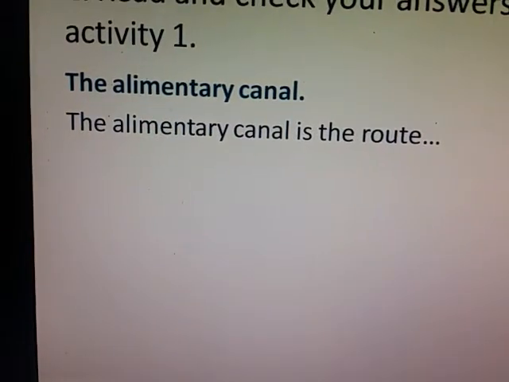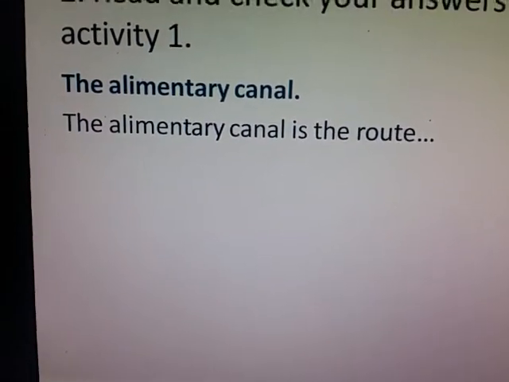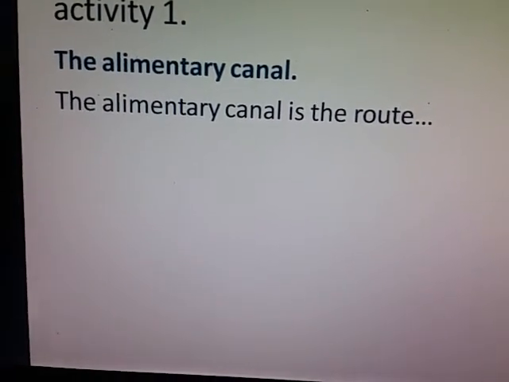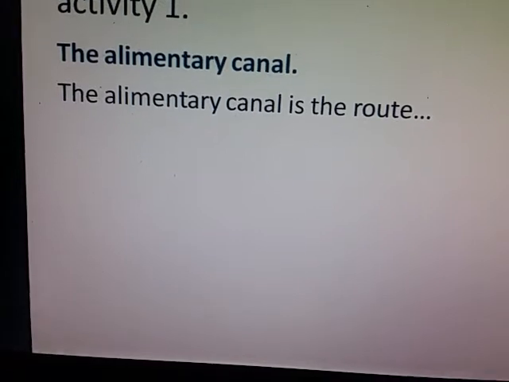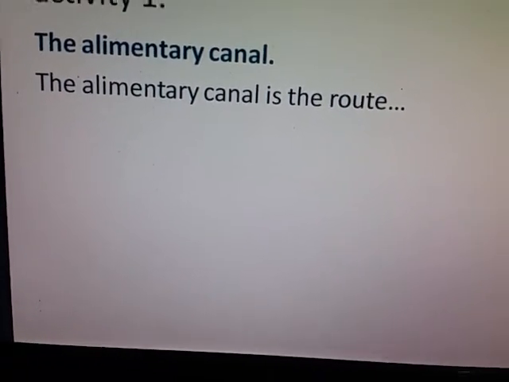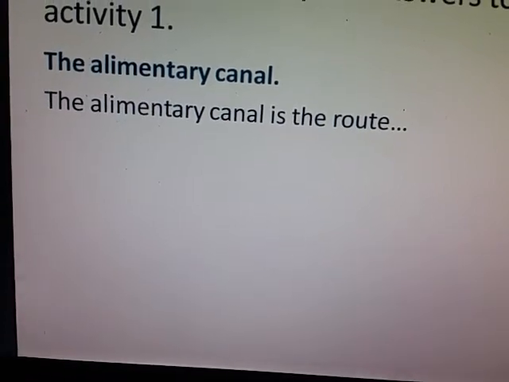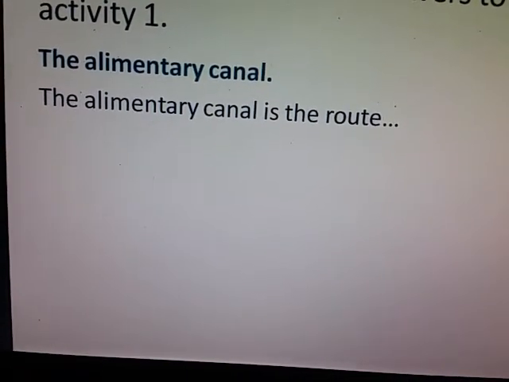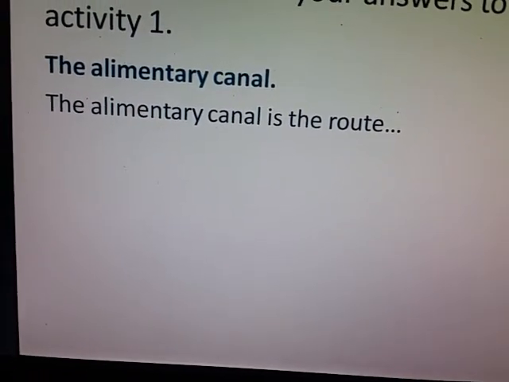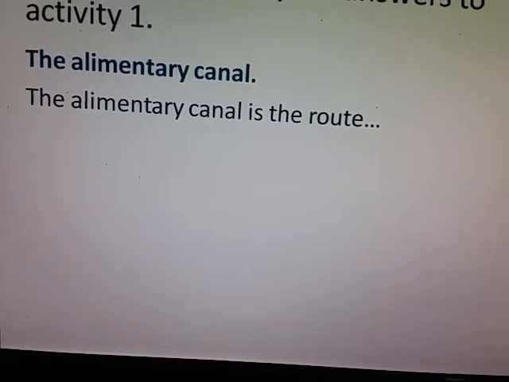3, 2, 1. Let's go. The alimentary canal is the route food takes through your body. First, we chew for 5 to 30 seconds. The food also mixes with saliva, and our tongue helps push the food to the back of our mouth.